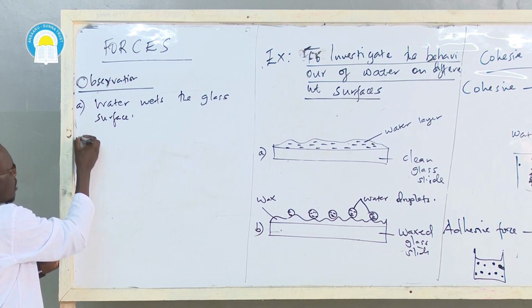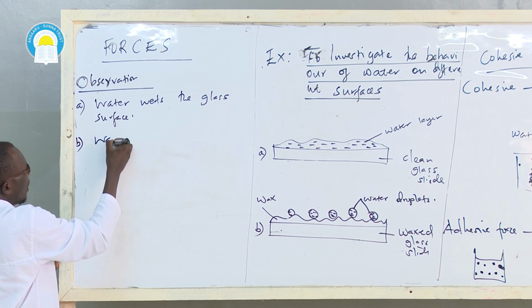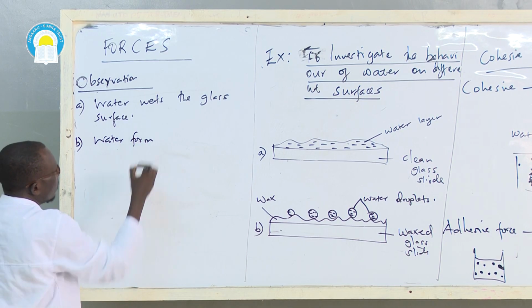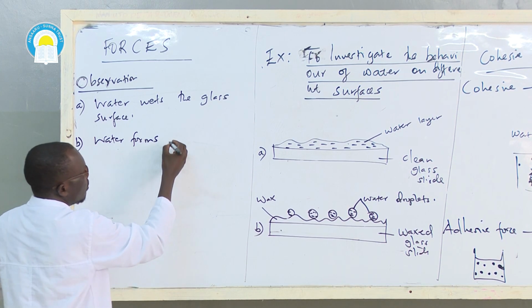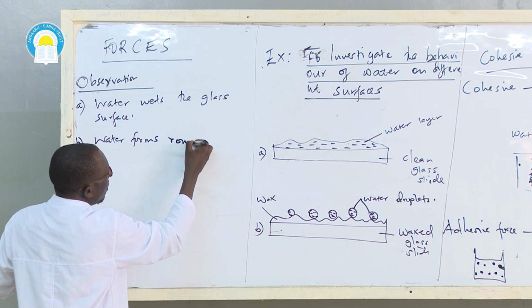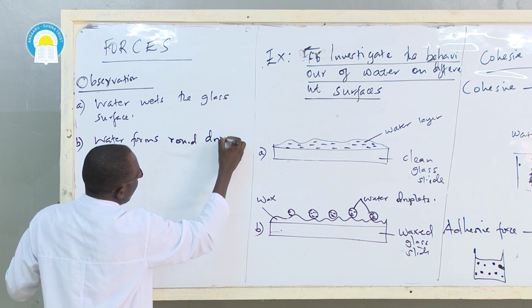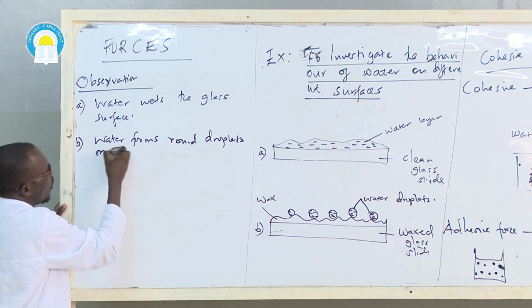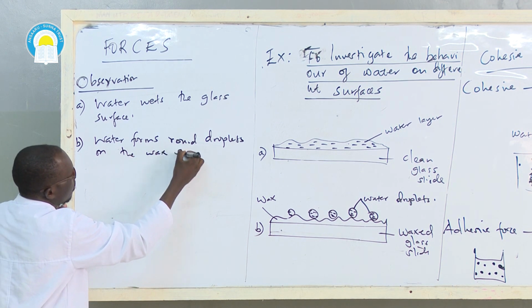While in diagram B, our observation is water forms round droplets on the wax surface.